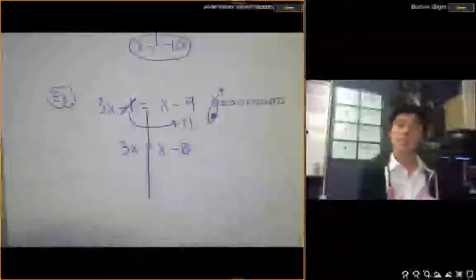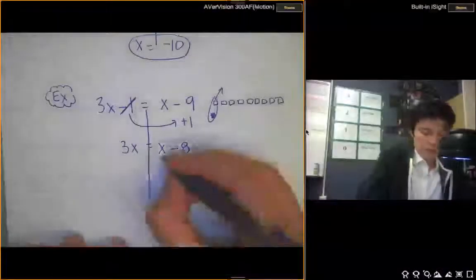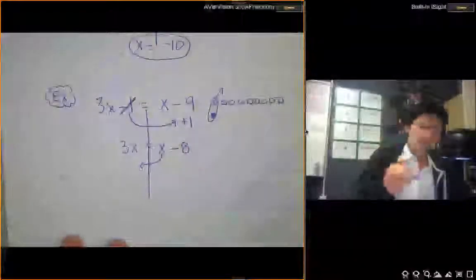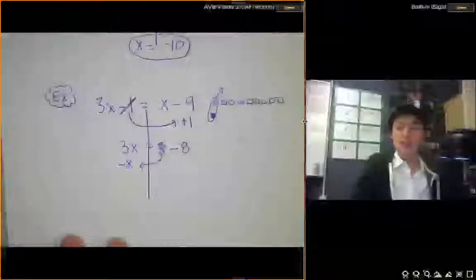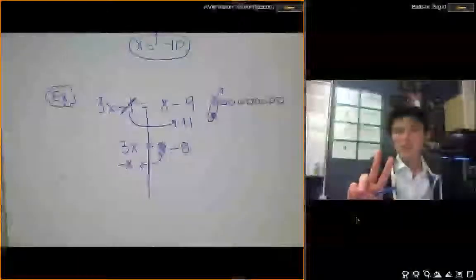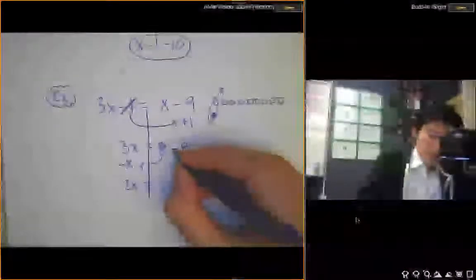Well, let's get the x's together. If there's an x here and an x here, why don't we flip one of them over, like flip this x over. And it's a positive x flipping to a negative x. So if you have 3 x's and you want to subtract an x, that's 2 x's. So we're going to have 2 x's equals minus 8.